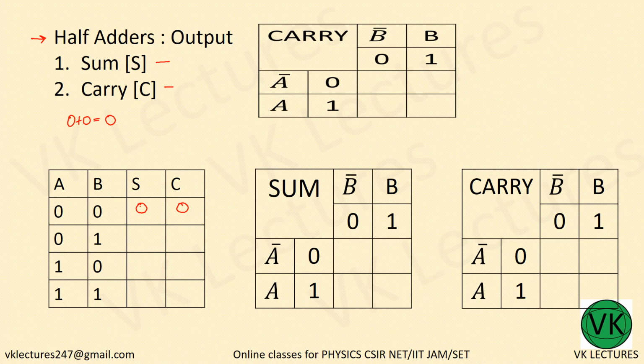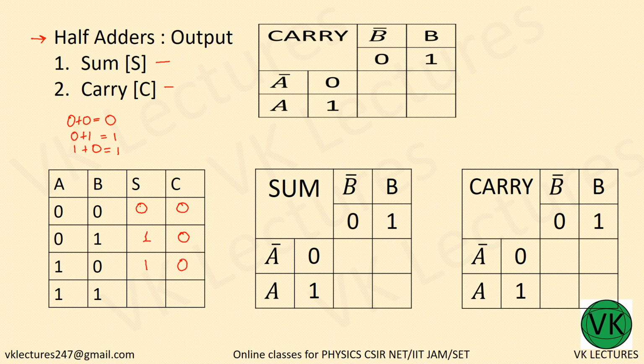For 0 plus 1, the sum is 1, and there is nothing to carry forward, so carry is 0. Similarly, 1 plus 0 is again 1, nothing to carry forward, so 1 0.